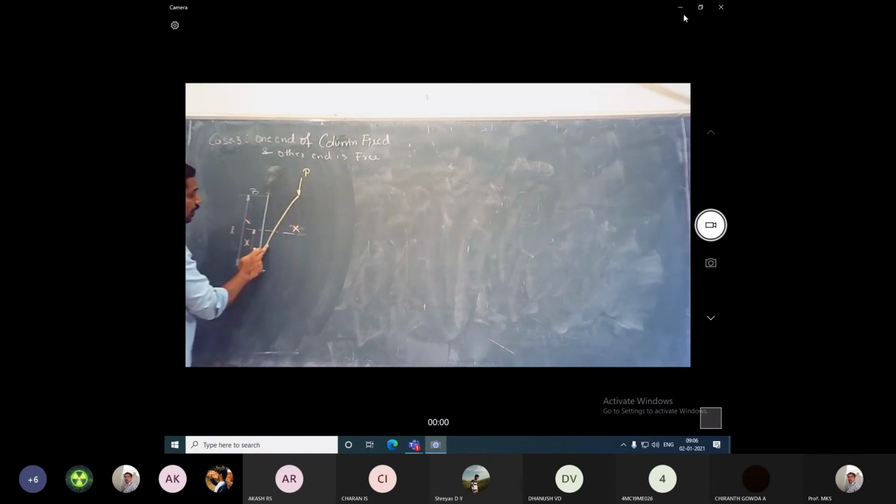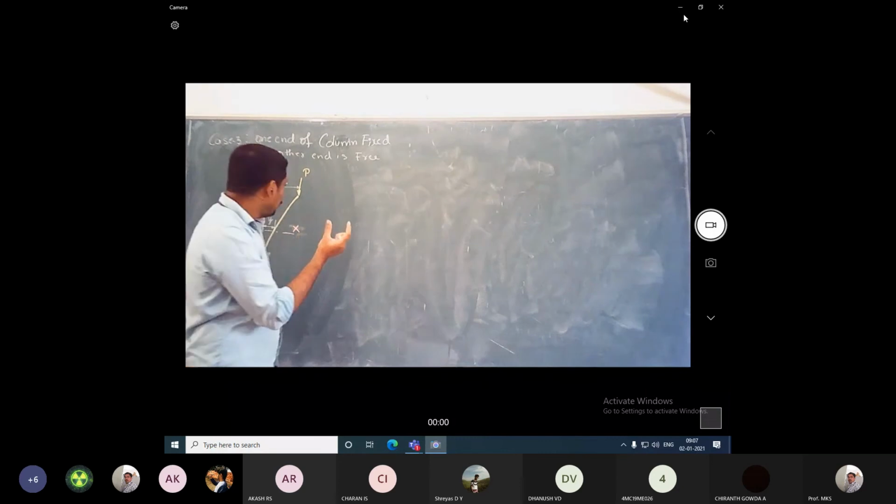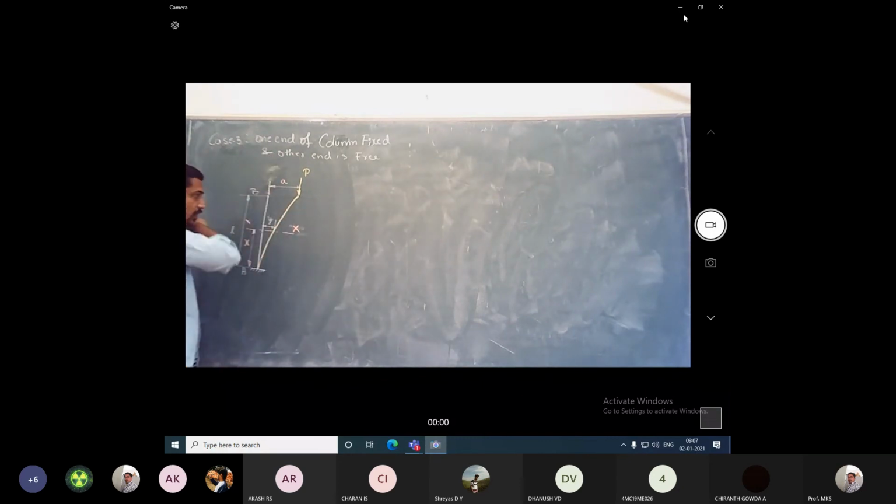After application of the load, the column is deflected. Along this section, let the deflection be y, small y. There is also a deflection at the free end. Let the deflection at the free end be a, a constant. At the section X it is y, and at the free end it is a.